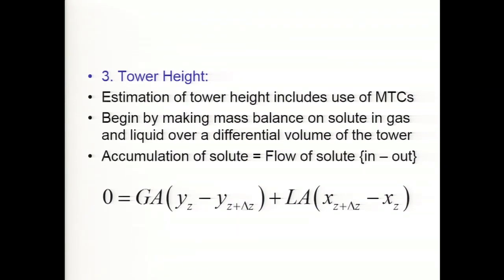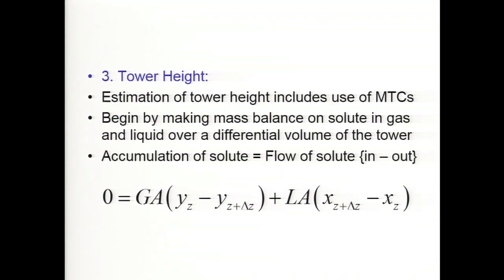Look at it the other way; we can paraphrase it slightly differently. z is here, z plus delta z is here. What is entering is G A y at z, and what is entering with the liquid is L A x at z plus delta z. What is leaving with the liquid is L A x at z, so that is minus. What is leaving with the gas is G A y at z plus delta z. Clear?